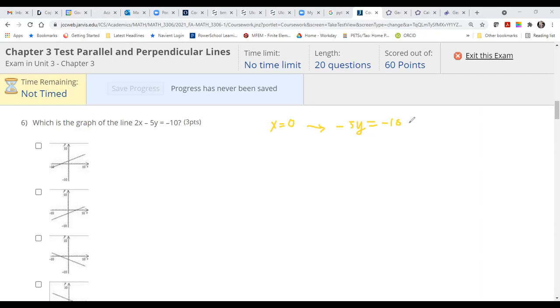Then you can see y equals 0, right? So you should find the graph that is close to this point, the point 0, comma.